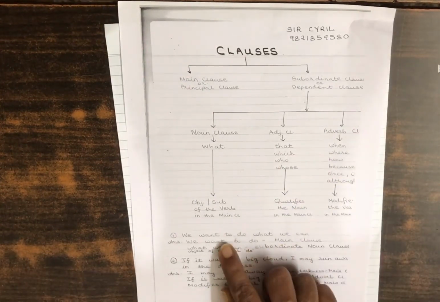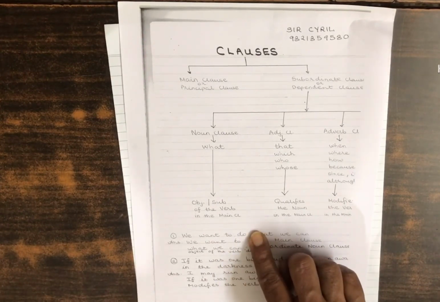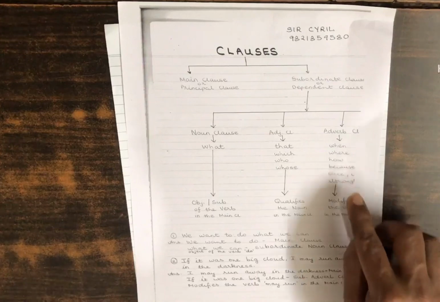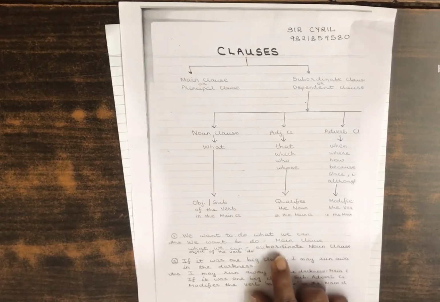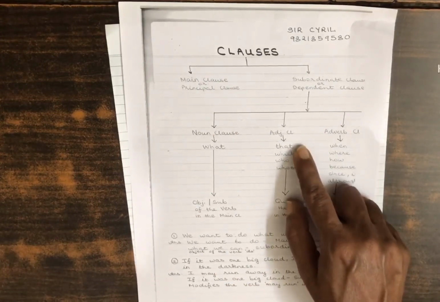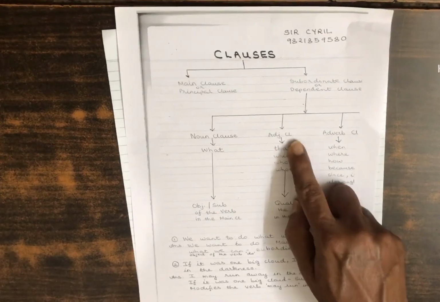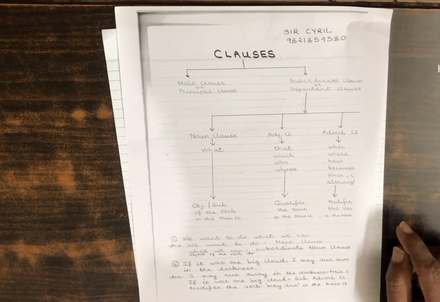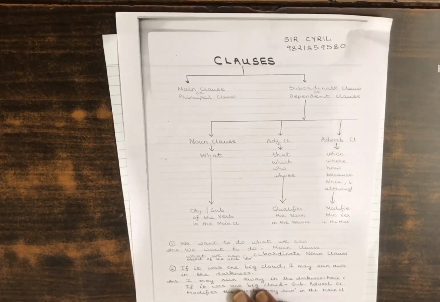If I say we want to do what we can, we want to do is the main clause, and wherever you find a connective like that, which, where, who, that will become the subordinate clause. So what we can is the subordinate clause. If we find the answer with what, it is noun clause. If we find that, which, who, and not an answer with what, then it is adjective clause. And these words: when, where, how, because, although, it is adverb clause. Okay, so try and do this clause. I'll do one separate video for clauses also.